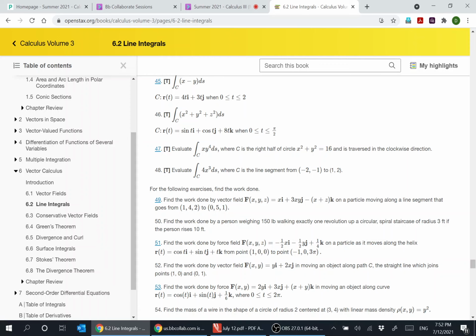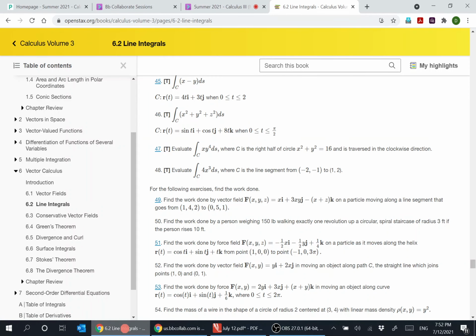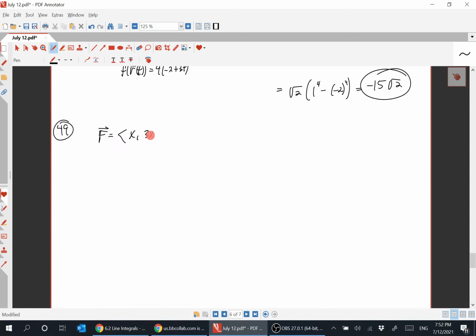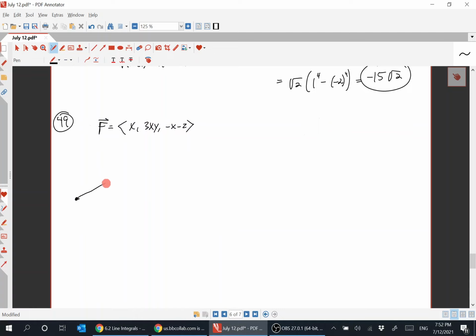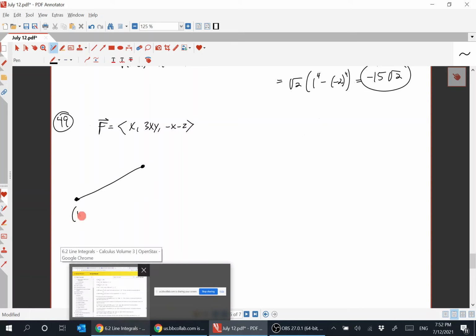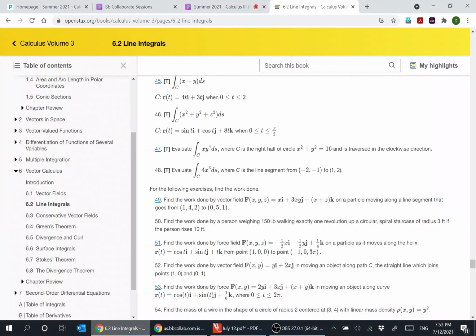Okay, so here we have vector field F, a three-dimensional vector field, x, 3xy, minus x minus z. And the line segment, the curve that we're working on, goes from 1,4,2 out to 0,5,1. Now here, when you're talking about this work, this vector line integral, the direction along C matters.